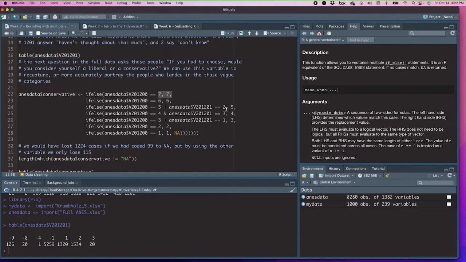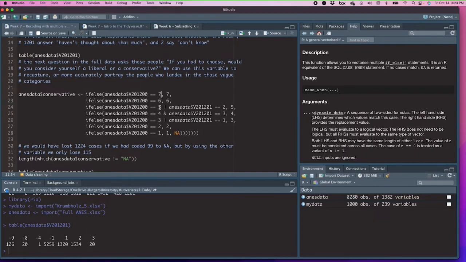But because we're adding these extra conditions in here, it's easier for us to just spell out exactly what we want in each category. So in 7, we just want to keep those that said they were extremely conservative. 6 was just plain conservative.